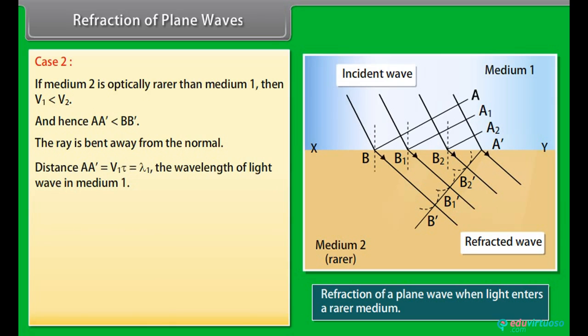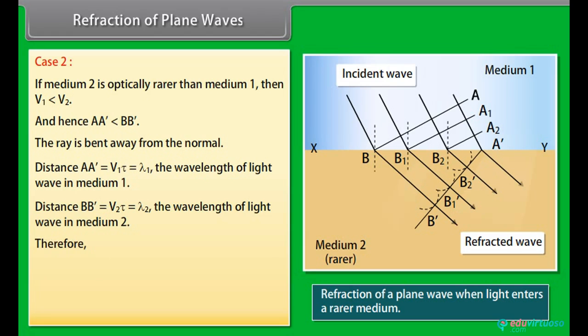Distance AA' is equal to V1 t, which is equal to lambda 1, the wavelength of light wave in medium 1. Distance BB' is equal to V2 t, which is equal to lambda 2, the wavelength of light wave in medium 2.